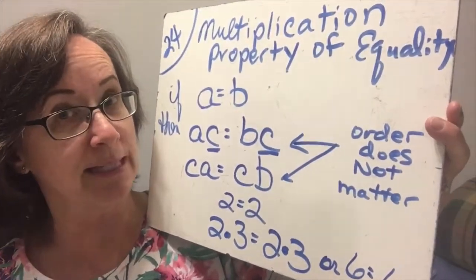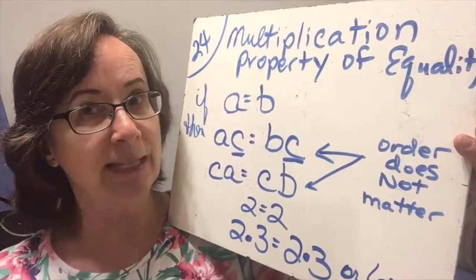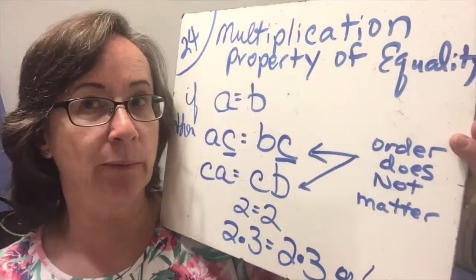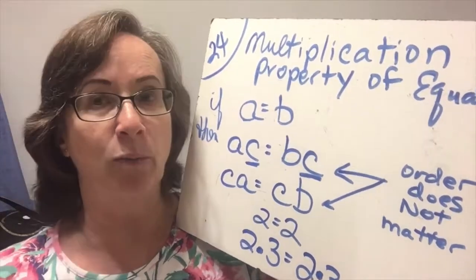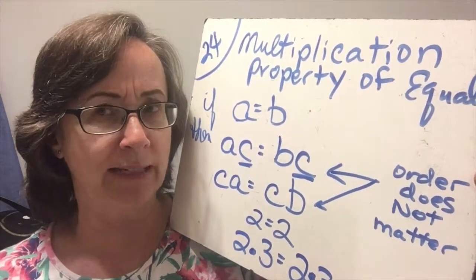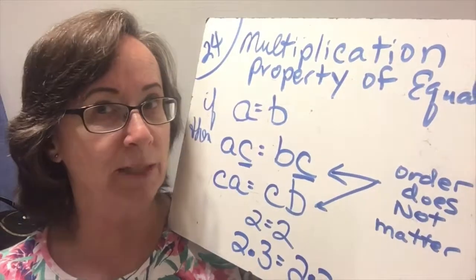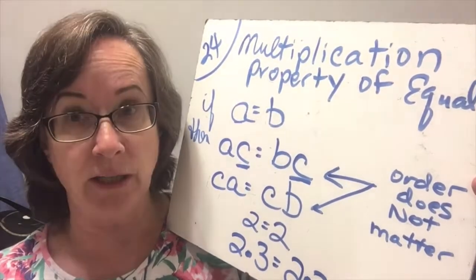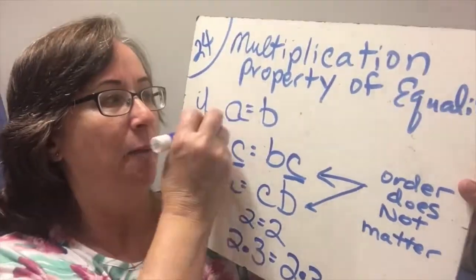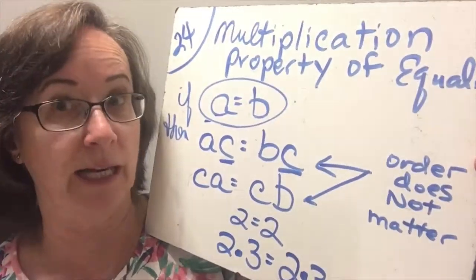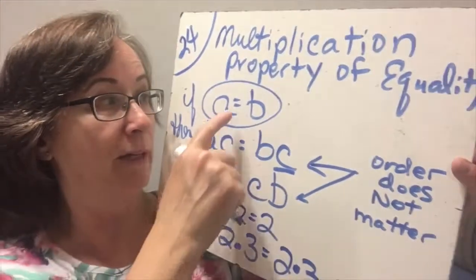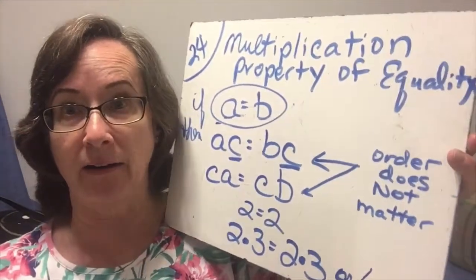So what they're saying here is, just like when we did the addition property of equality, that we could add or subtract the same thing from both sides of an equation. An equation, by definition, means that the left-hand side equals the right-hand side, okay? Or we could not have that equal sign there, right?